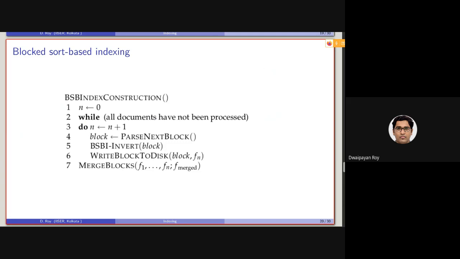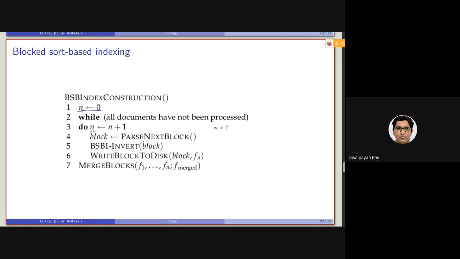While all the documents are not processed, we will be creating individual blocks. Here n is the number of the nth block. We initialize that to 0, and now we increment it, so at first the value of n is 1.